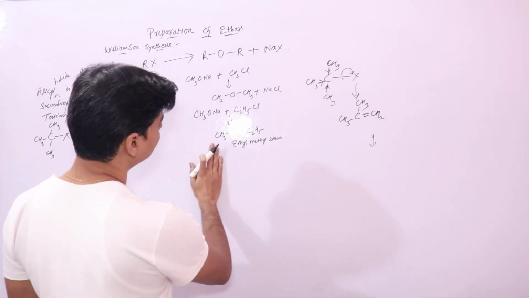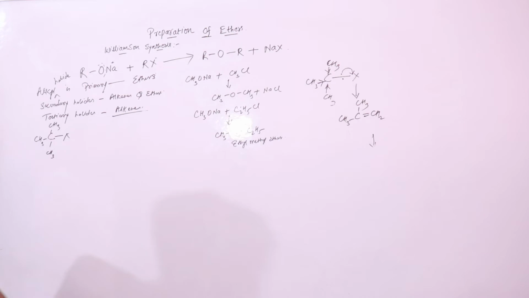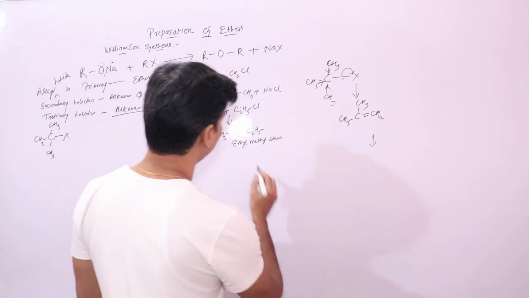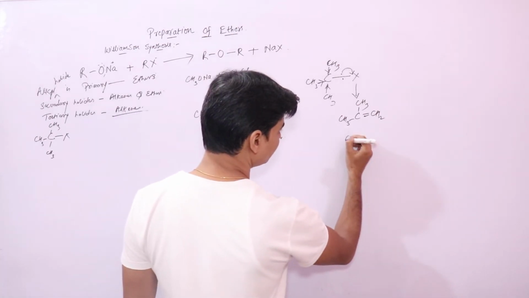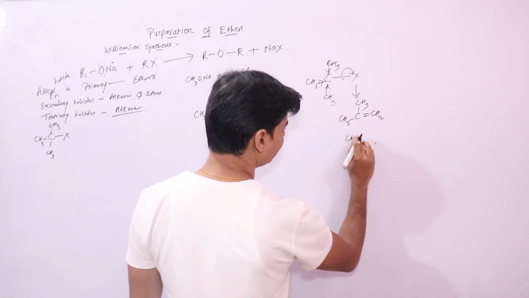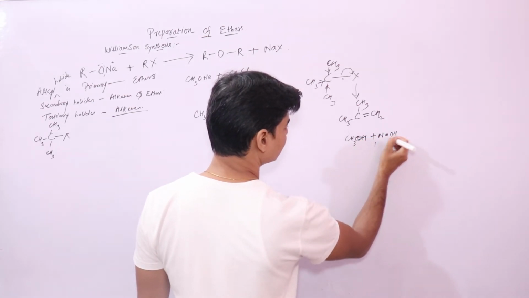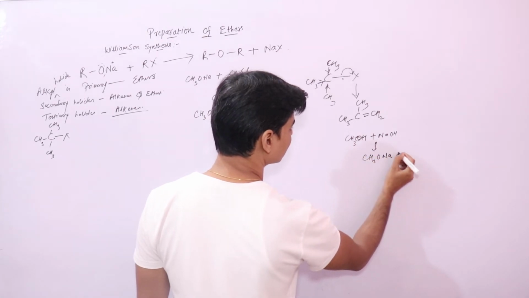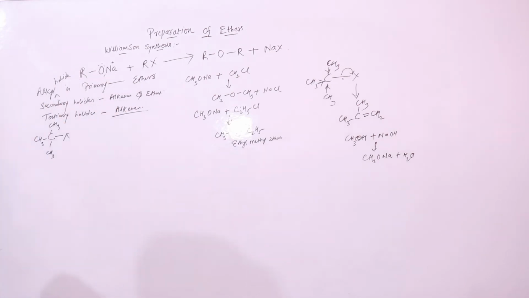This is your mixed ether, and the earlier one is your simple ether. The alkoxide that you have in this Williamson synthesis, you can obtain by treating alcohol with sodium hydroxide, where you get sodium methoxide plus water.